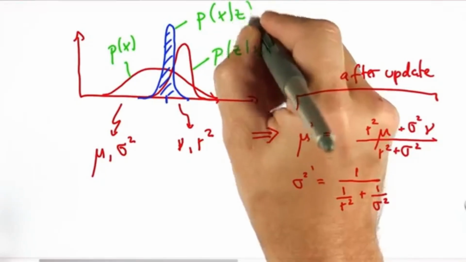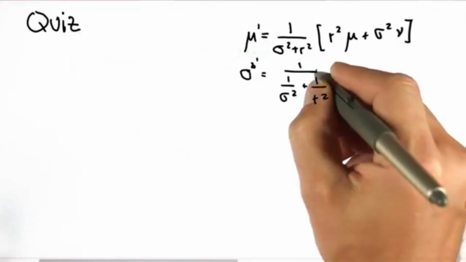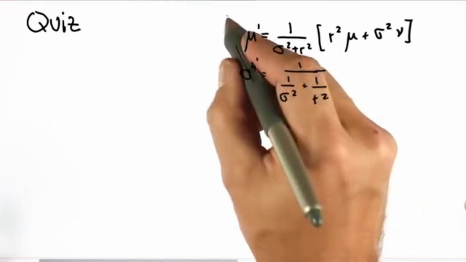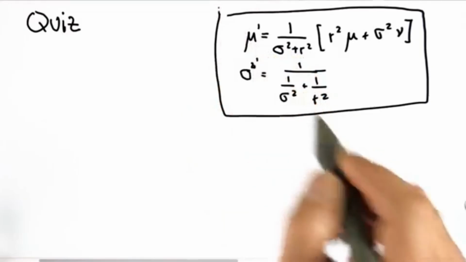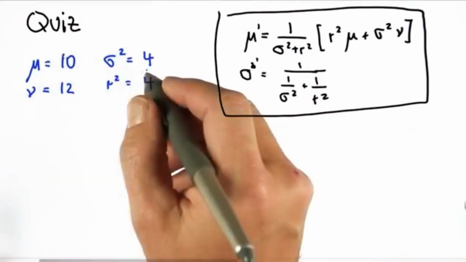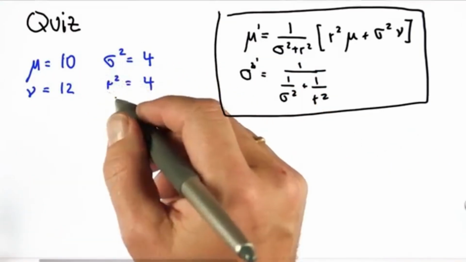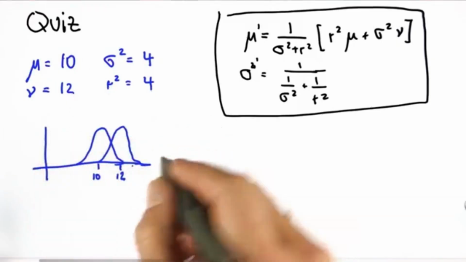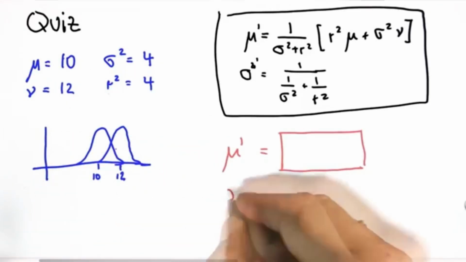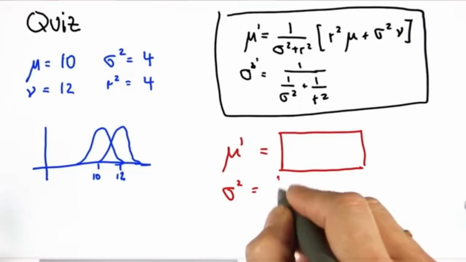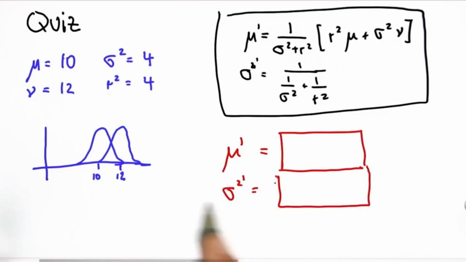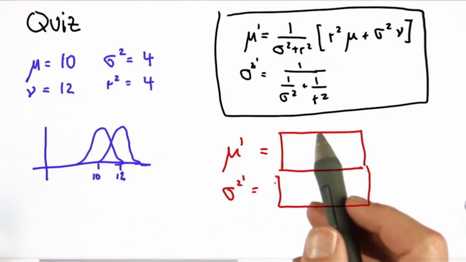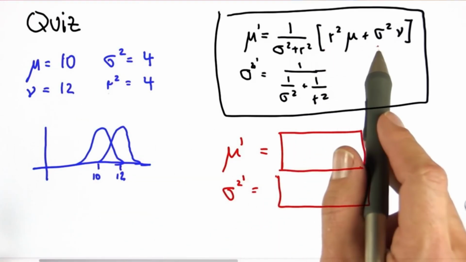So let's practice these equations with a simple quiz. Here are our equations again. Suppose I use the following Gaussians. These are Gaussians with equal variance, but different means. They might look as follows. Compute for me the new mean after the update and the new sigma square. The answer for the new mean is just the one in the middle, and the reason is both weights over here are equivalent.